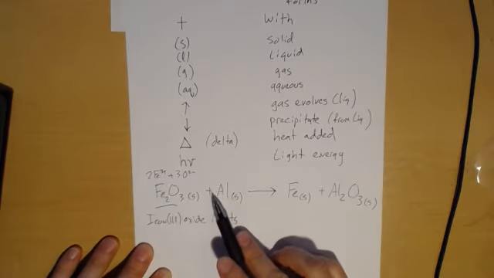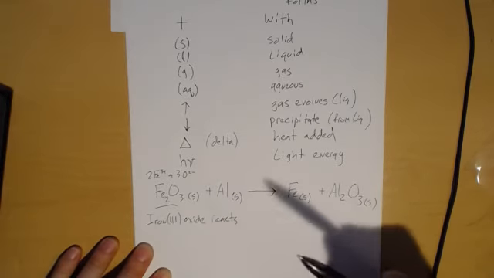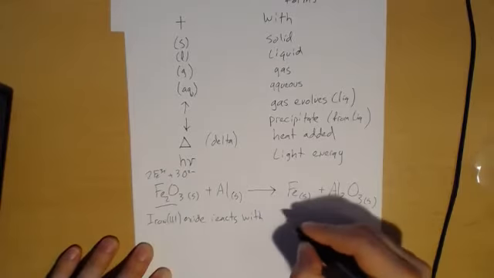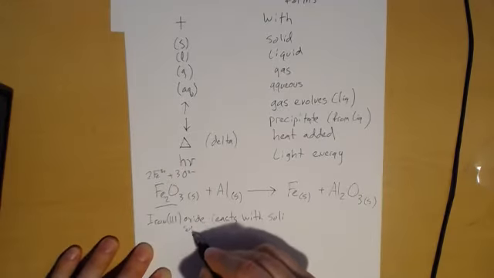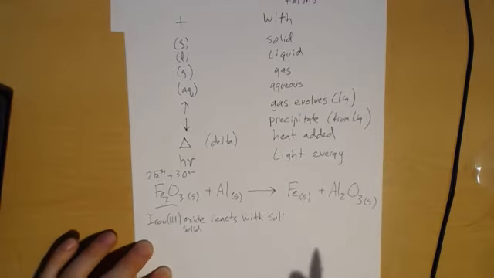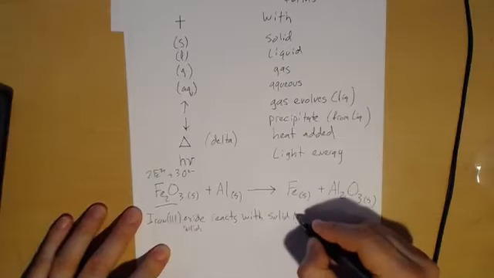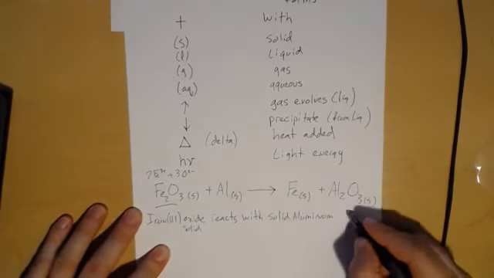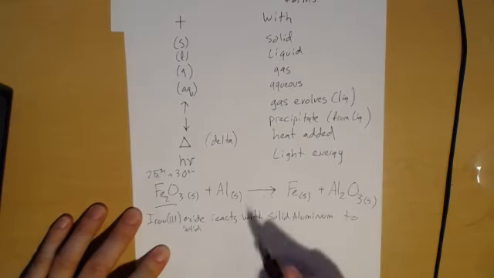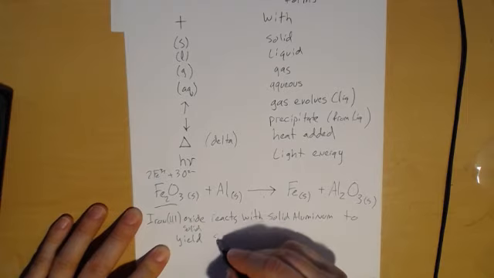and then I can put that plus sign, I guess. So they're on the left side, so I add reacts, plus sign with solid aluminum. I should have said iron 3 oxide solid. This is kind of an unusual reaction, actually, where a solid reacts with another solid. It's quite uncommon. With solid aluminum, so go to the arrow, to yield solid iron.